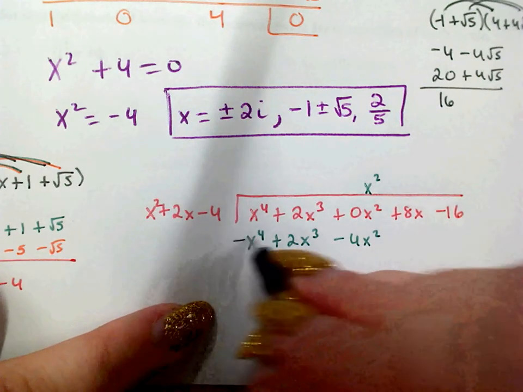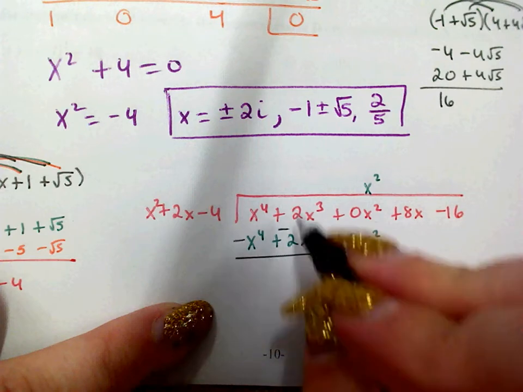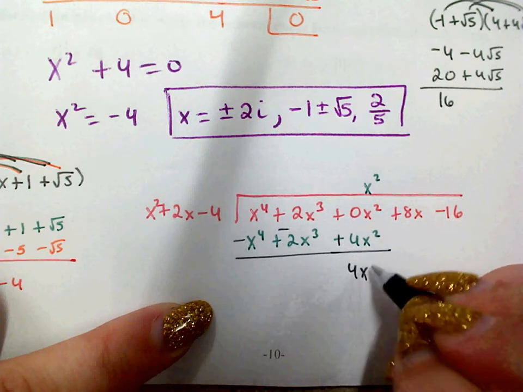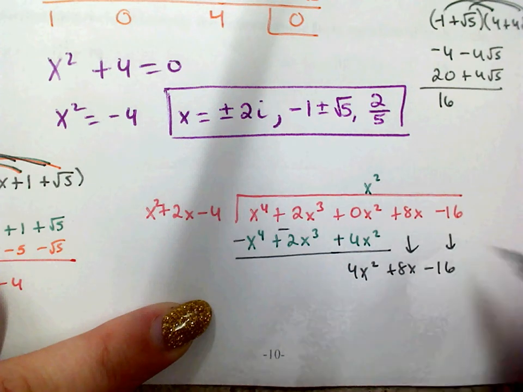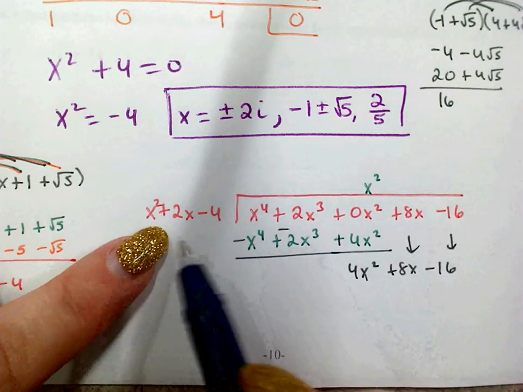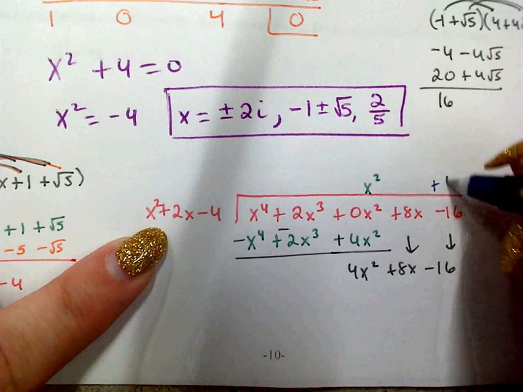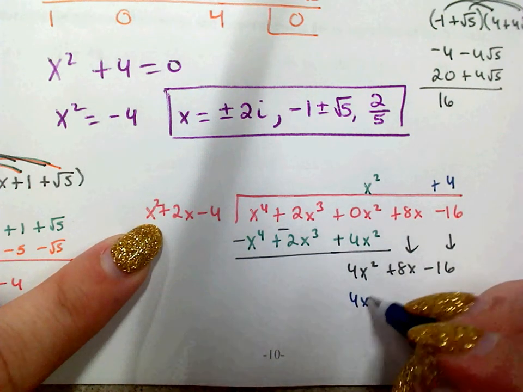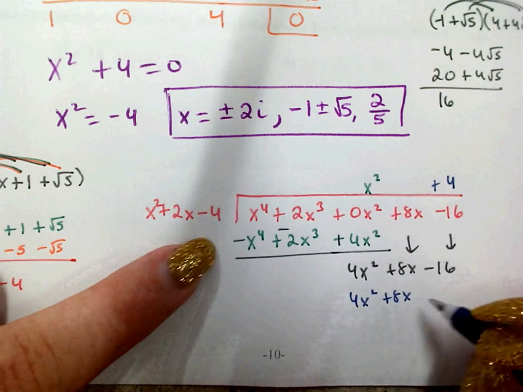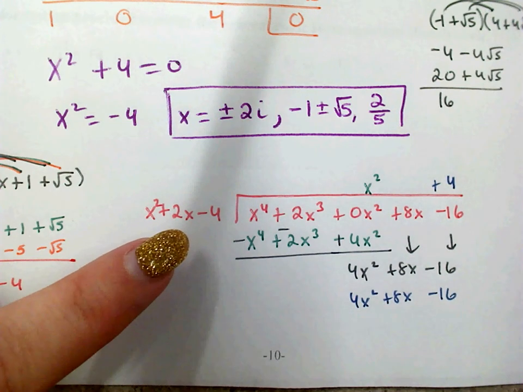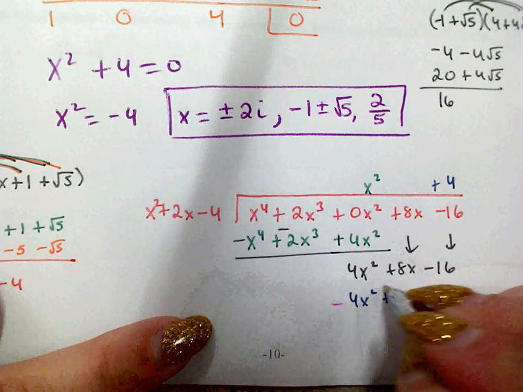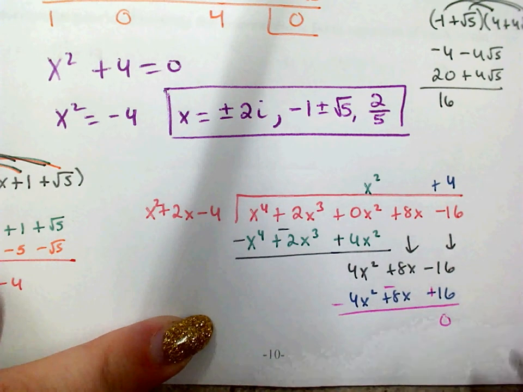We're going to drag them both down. What are the factors of x squared that give me 4x squared? That's a 4. So 4x squared plus 8x minus 16. Change the sign. Minus, minus, plus, and I'm left with a remainder 0. So this is what you would solve. X squared plus 4 equals 0. And that would get you your final roots. Okay?